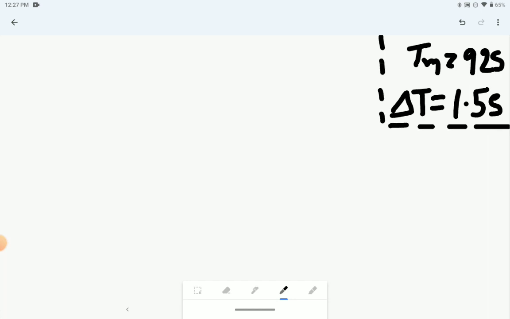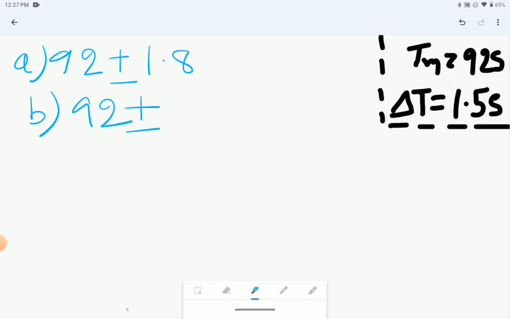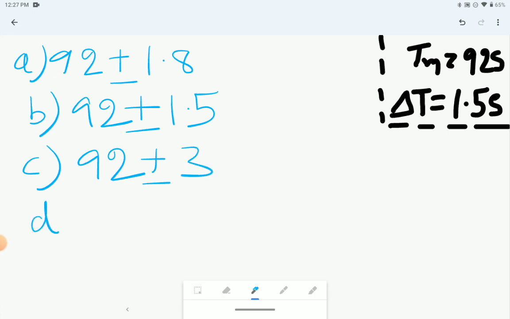Okay, these are set. Now our options were: A, 92 plus or minus 1.8 seconds; B, 92 plus or minus 1.5 seconds; C, 92 plus or minus 3 seconds; D, 92 plus or minus 0.5 seconds. So these were the options.